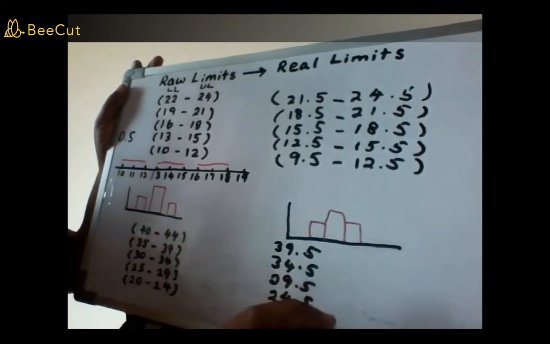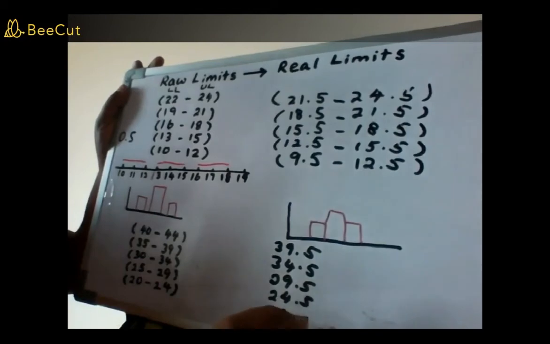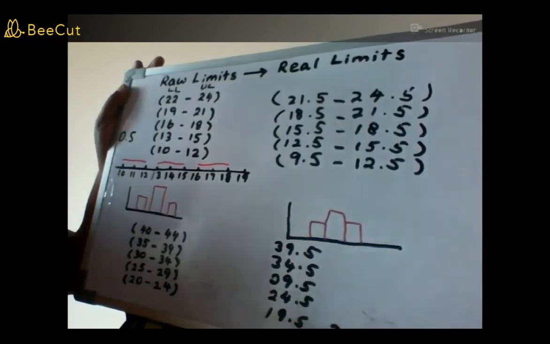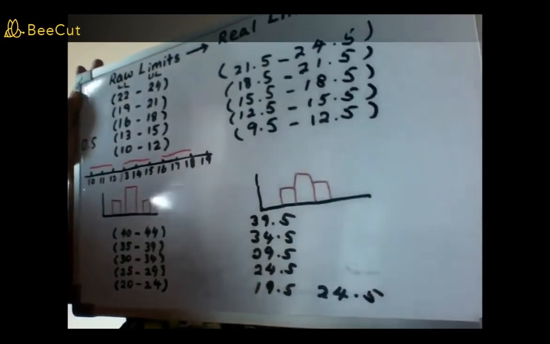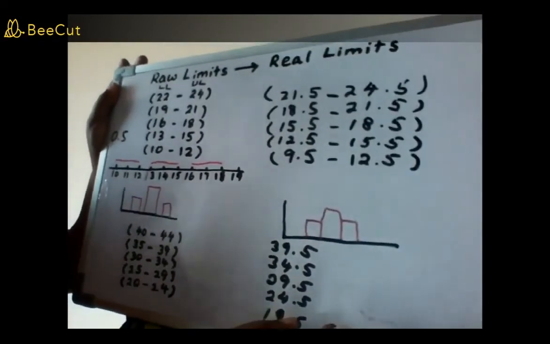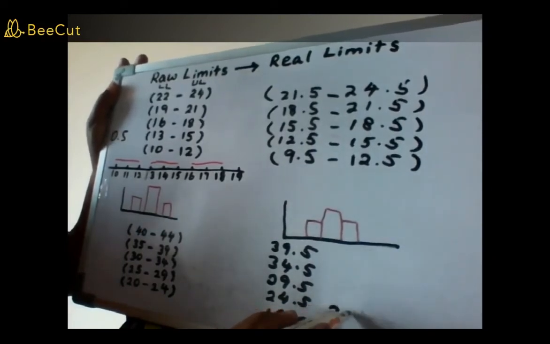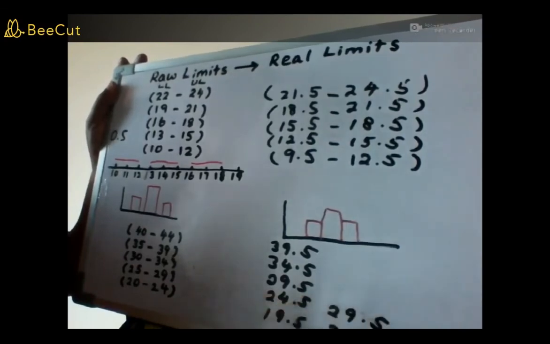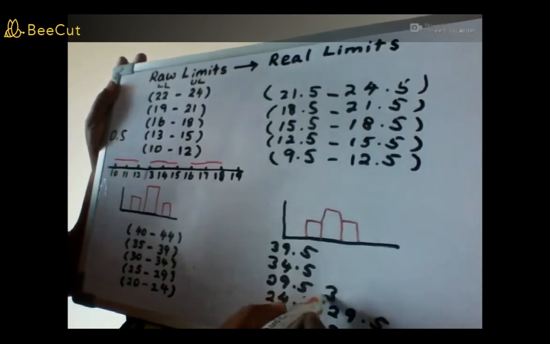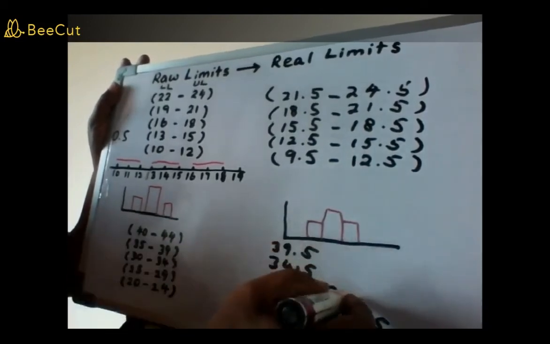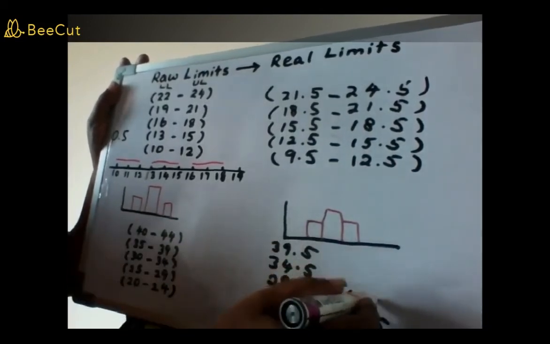Now we'll do the other part. 24. What do you have to do? You have to add. Same number 24, so 24.5. Second one, 29 becomes 29.5. 34 becomes 34.5.